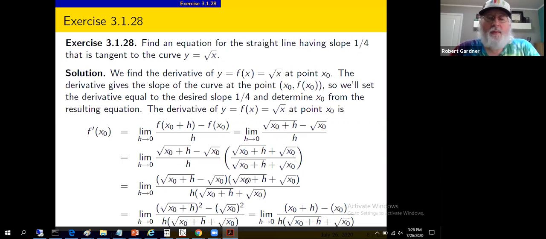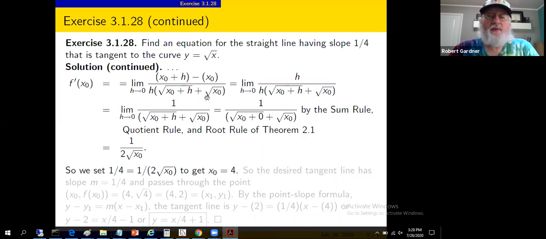Distribute, multiply out in the numerator, FOIL it. You get the first squared minus the last squared. That's why you did this. That produces an x sub 0 plus h and an x sub 0 and a difference. The square roots are gone in the numerator. You're stuck with them in the denominator. The point is to factor, cancel, substitute.